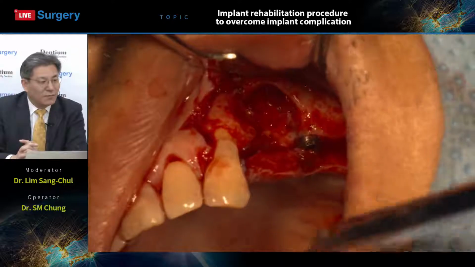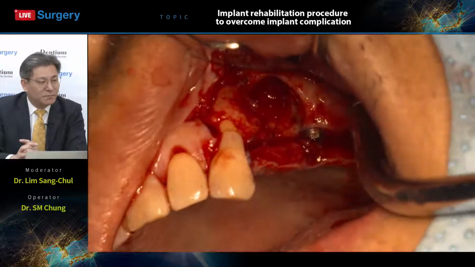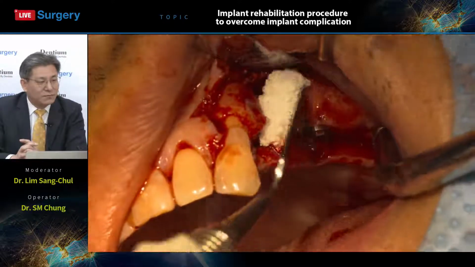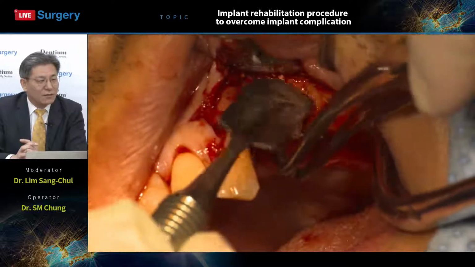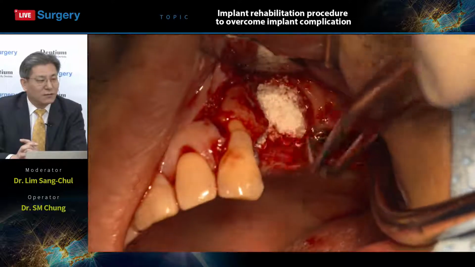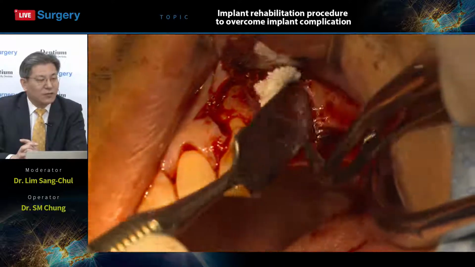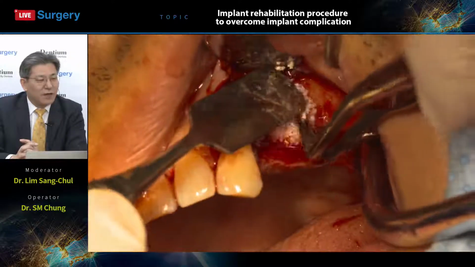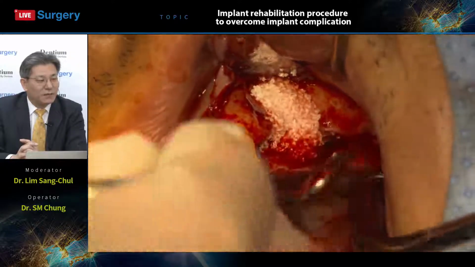Okay, so the bone graft material, Osteon 3, an alloplastic bone graft material, is applied on this big defect.